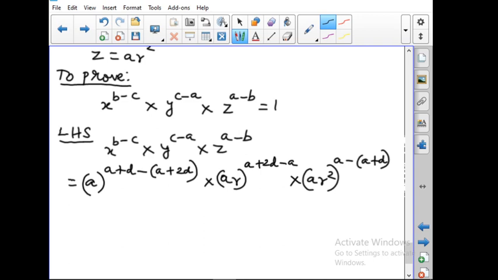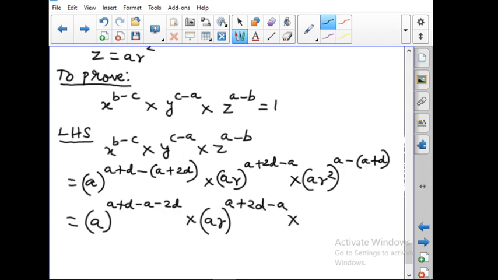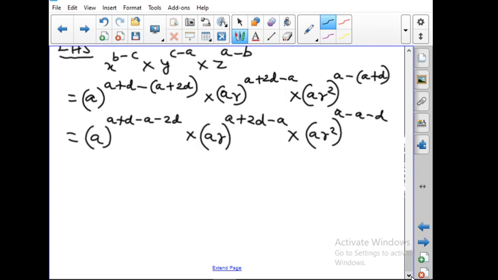Now we have to multiply. So you can write A power A plus D, multiplying the minus inside, we get minus A minus 2D, into AR power A plus 2D minus A, into AR square power A minus D. We have to get it like this.